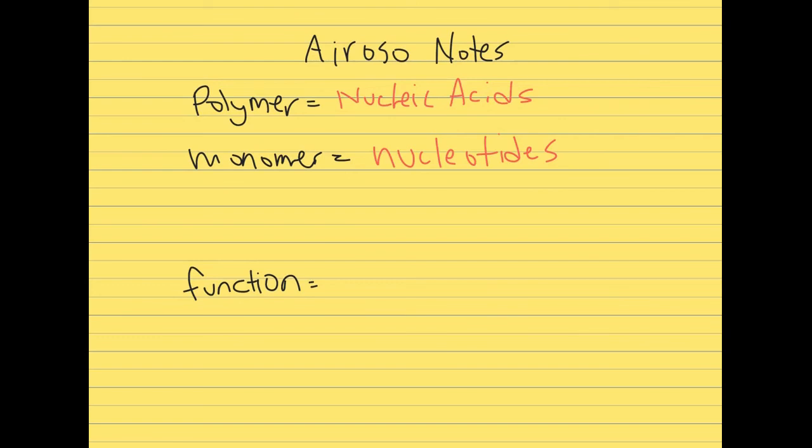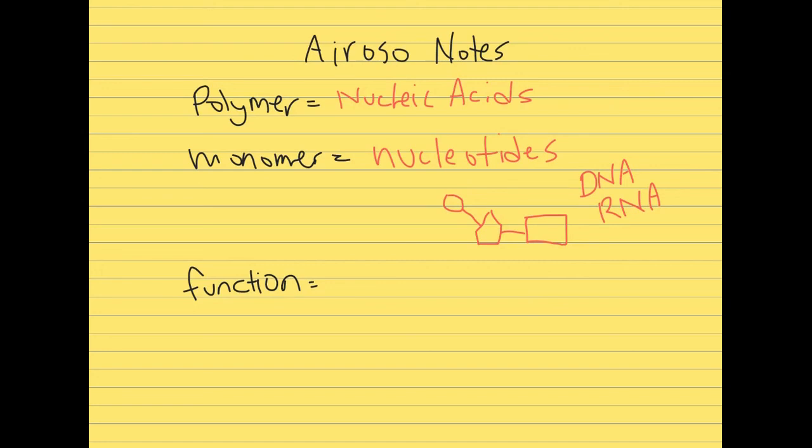Remember, you have a circle. It's not really a circle, but that is a phosphate, which is bonded to a 5-carbon sugar. If it's DNA, deoxyribose. So if it's DNA, it's got deoxyribose sugar. If it's RNA, it's got ribose as its sugar. And that is bonded to one of 4 different nitrogen bases.